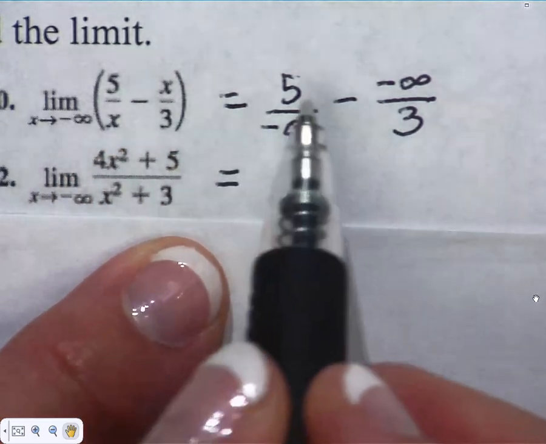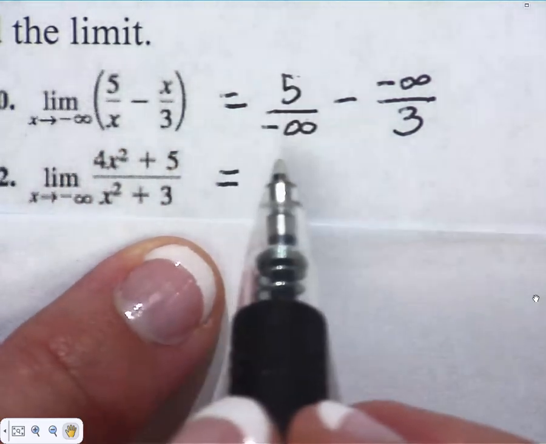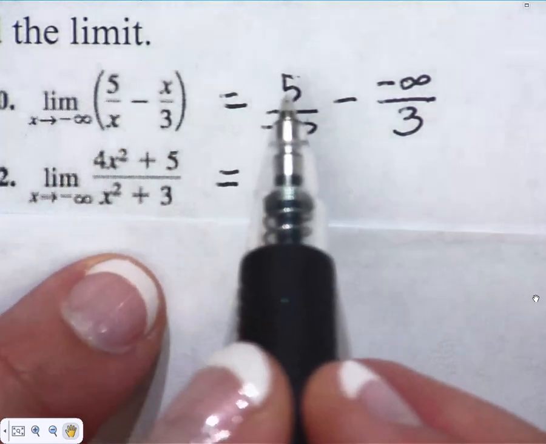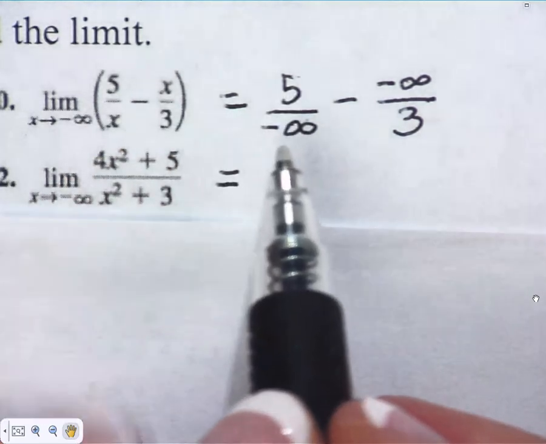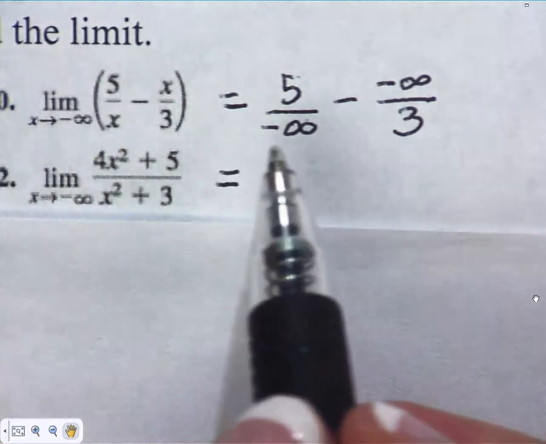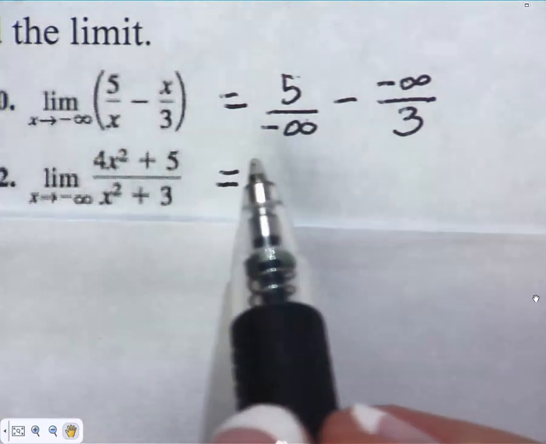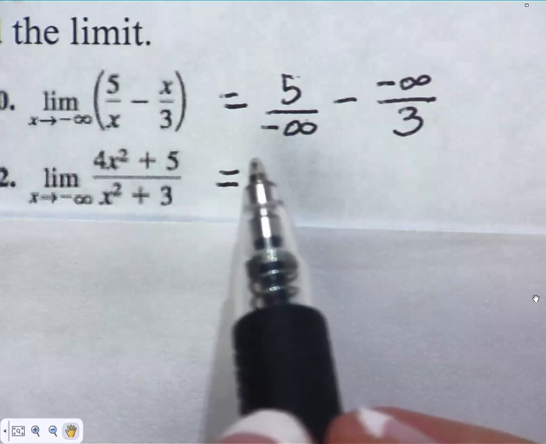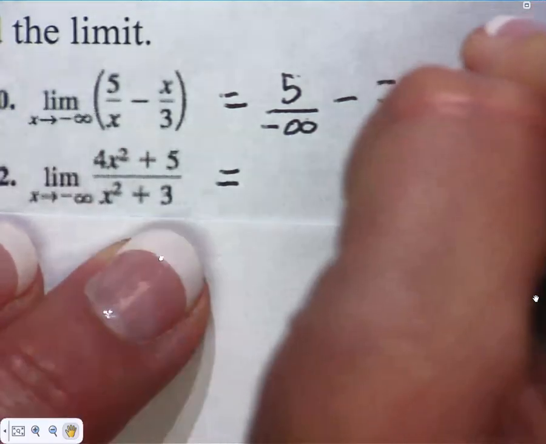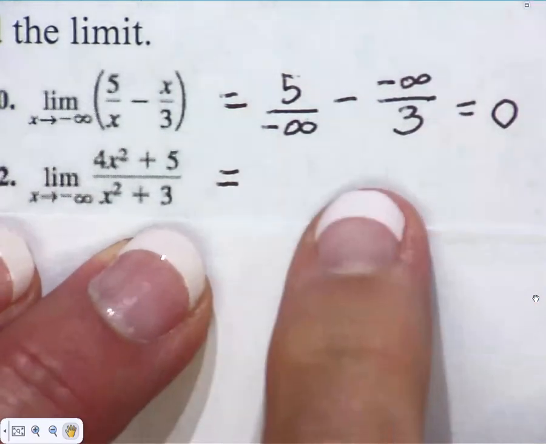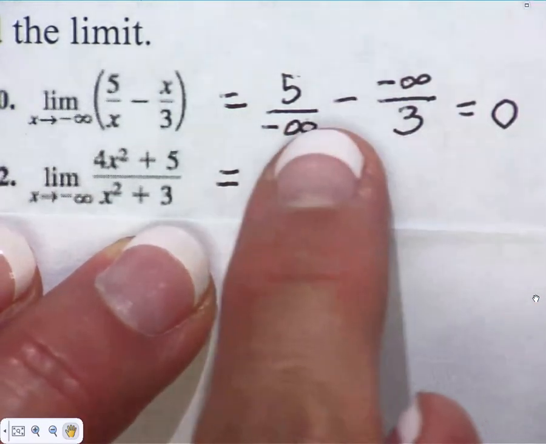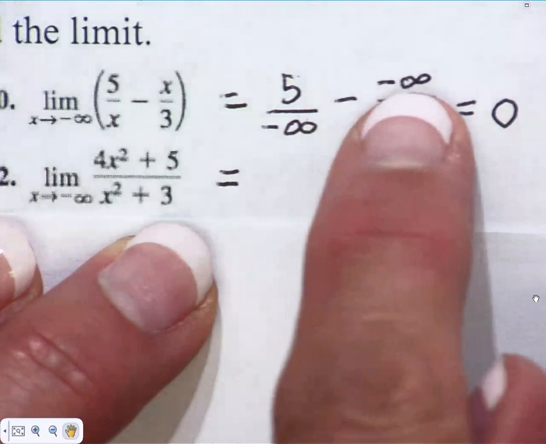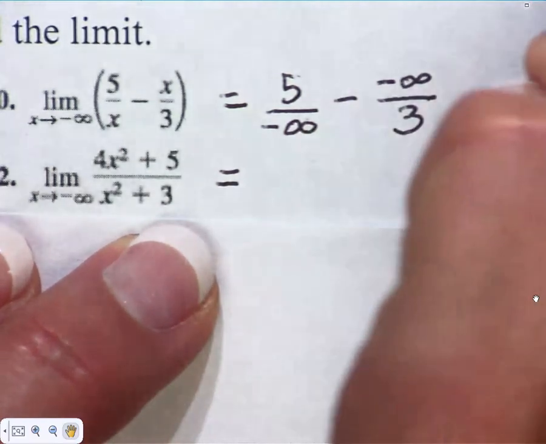Now, what's going to become of this first fraction as the numerator stays 5 and the denominator gets infinitely small? Let's say negative a billion. 5 divided by negative a billion is darn close to 0. So this first term is darn close to 0. That second term, you can go ahead and say minus a negative is the same as a positive.